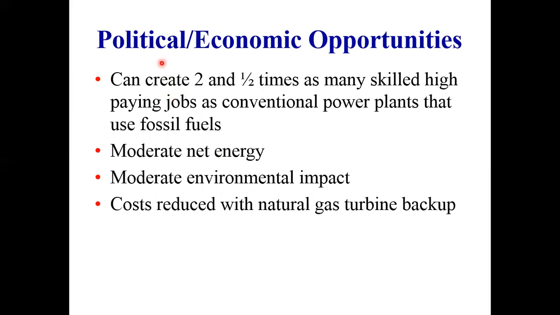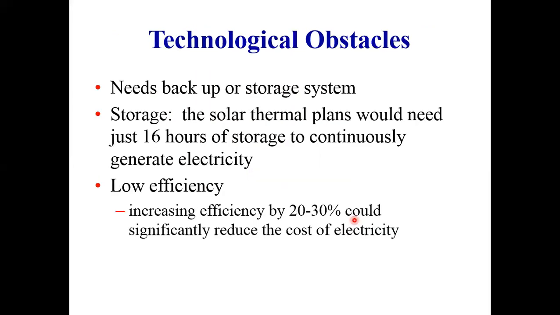And for opportunities, it can create up to 2.5 times as many skilled paying jobs as compared to conventional power plants that use fossil fuels. And we get moderate net energy and moderate environmental impact. Cost can be reduced with natural gas turbine backup. And for technological obstacles, the main thing is storage, that is, it needs a backup or storage system.